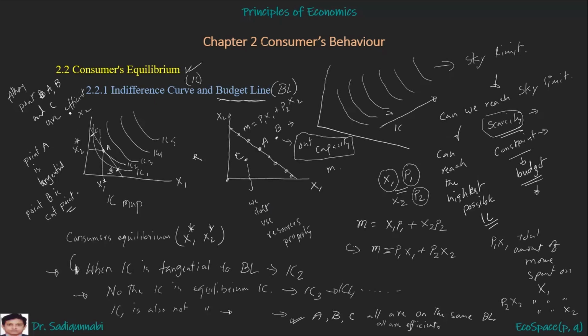So higher IC means higher level of satisfaction. So yes, we can say that satisfaction from A is greater than satisfaction from B and C. So that's why point B and C cannot be equilibrium. Point A is equilibrium. So that's why point A is consumer's equilibrium.